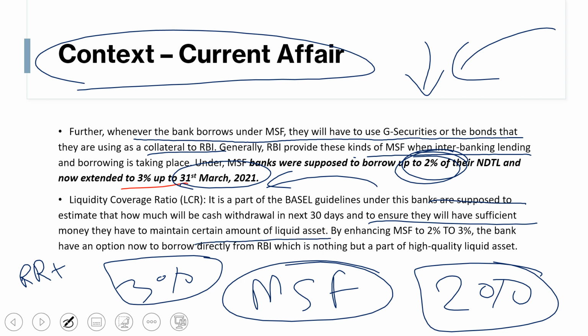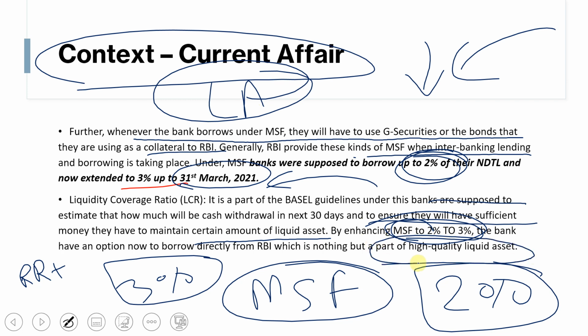So by enhancing MSF from 2% to 3%, because MSF relates to liquid asset maintenance only, the bank now has an option to borrow from the RBI, which is nothing but a part of high quality liquid assets. Earlier it was allowed up to 2% of the NDTL, now it is 3% of the NDTL, and the rate of interest will be decided by the RBI and will be greater than the repo rate.